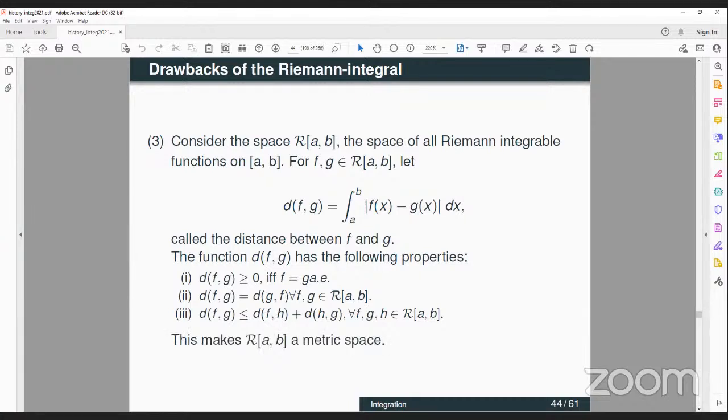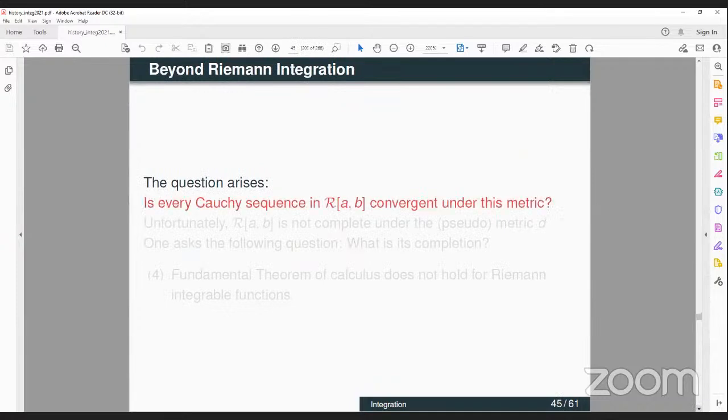And whenever you construct a metric space, a natural question to ask is whether that metric space is complete. Namely, does every Cauchy sequence in R[a,b] under this metric converge? That is actually not true; a Cauchy sequence need not converge.